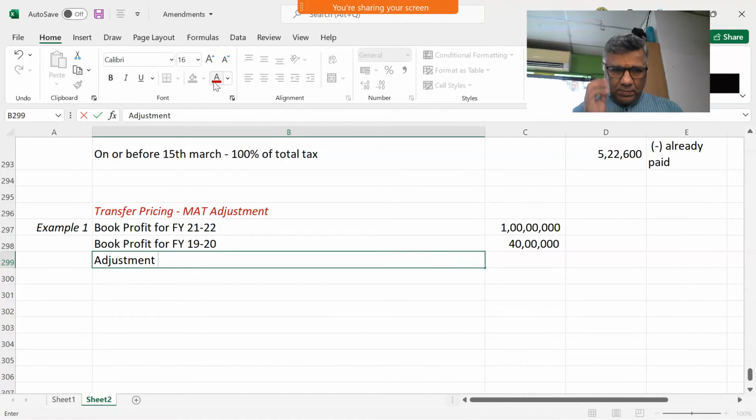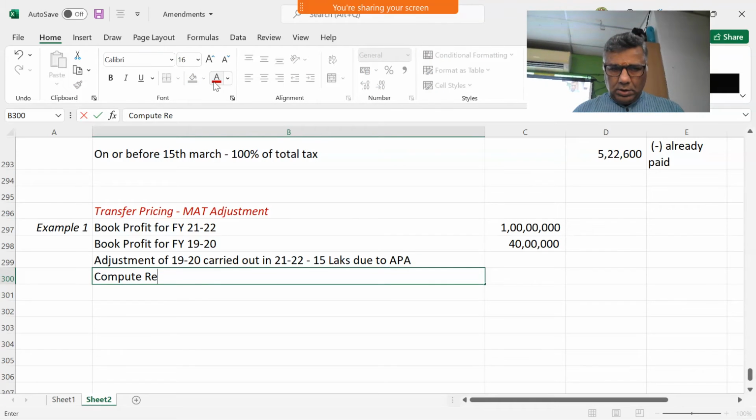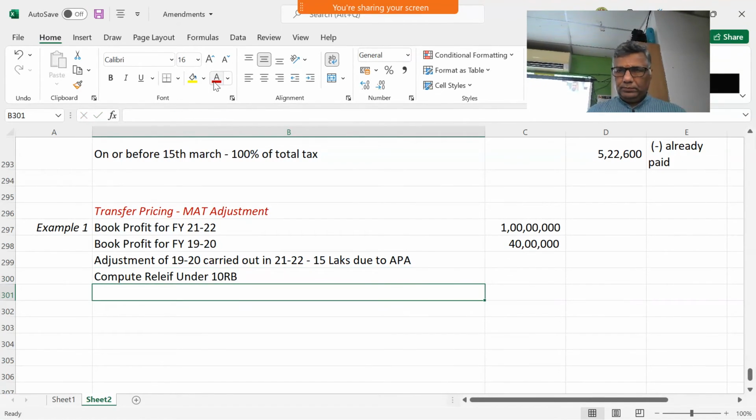Adjustment of 19-20 carried out in 21-22, 15 lakhs due to APA. Compute relief under 10RB.